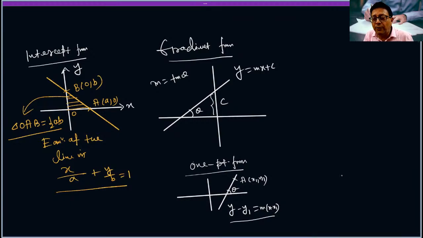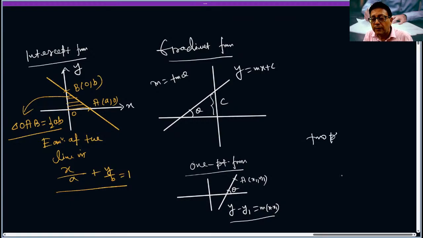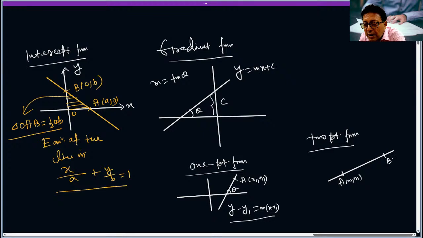There is 2-point form also. We need not state slope if the line passing through two given points. Okay? This is x1 y1 and x2 y2.